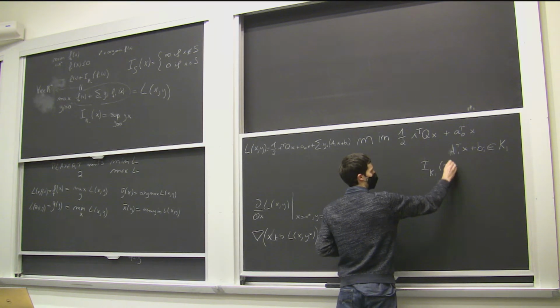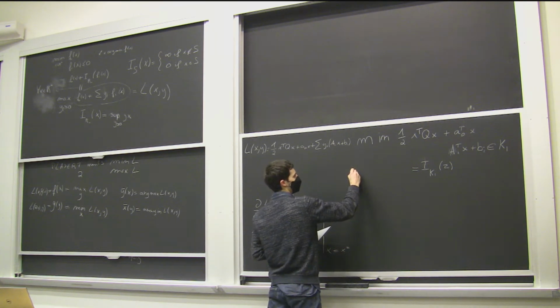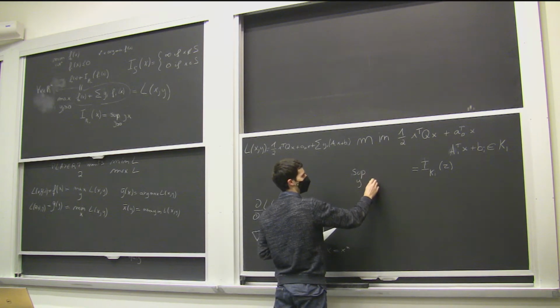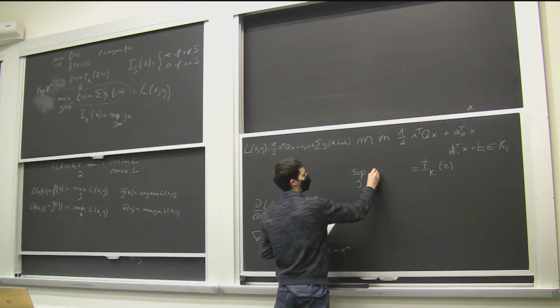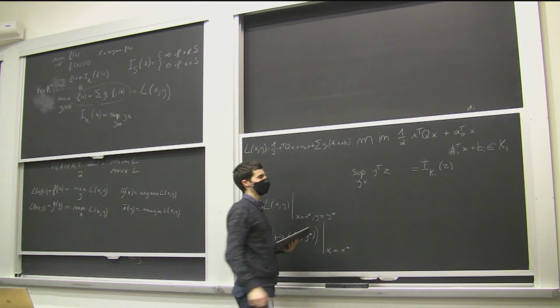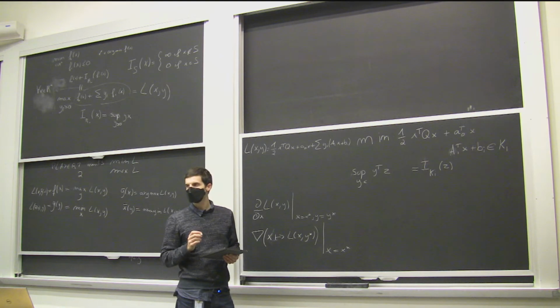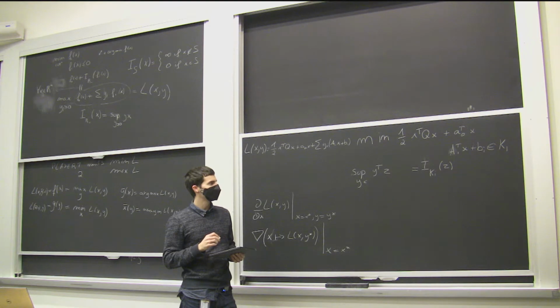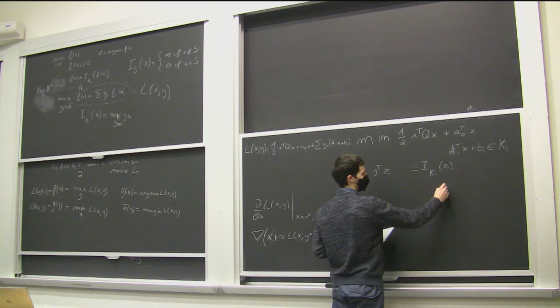So how can you rewrite this indicator function as a supremum over y? What should y be? It should be in the domain here. K_i is a convex cone.